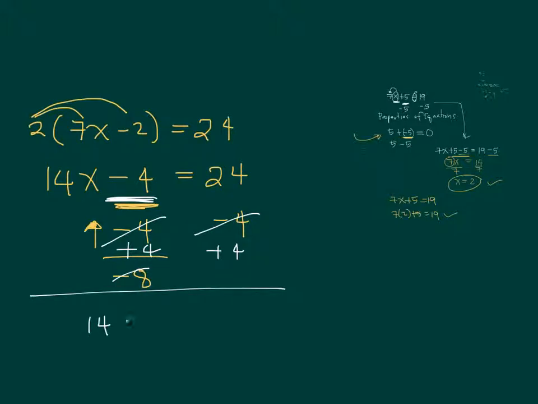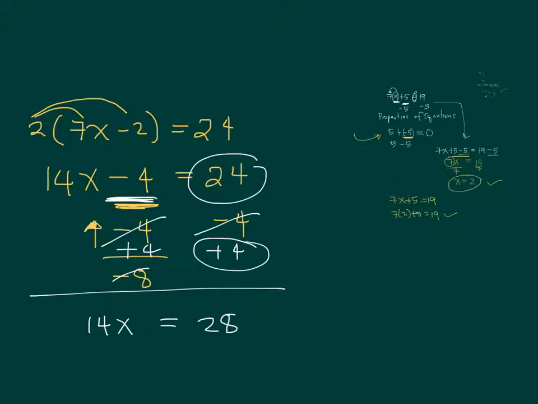And on the left side, you have 14x. But what about the other side? 24 plus 4 is 28. And then, you're familiar with the step here.